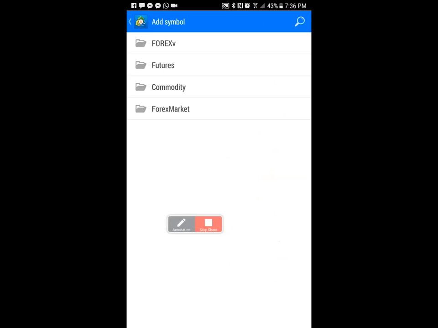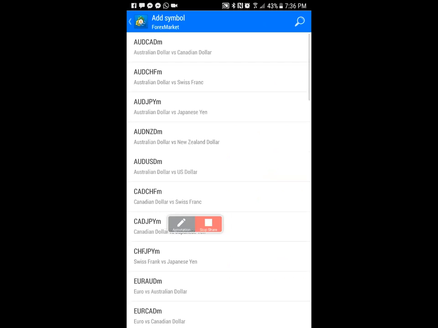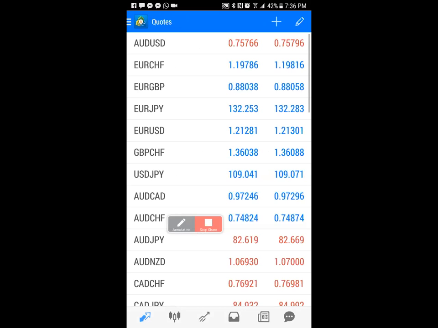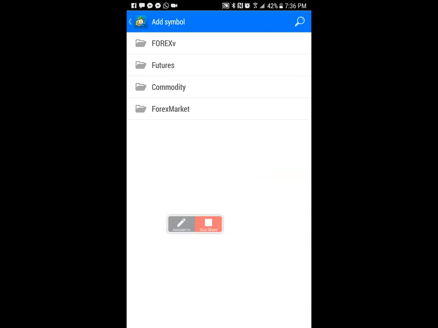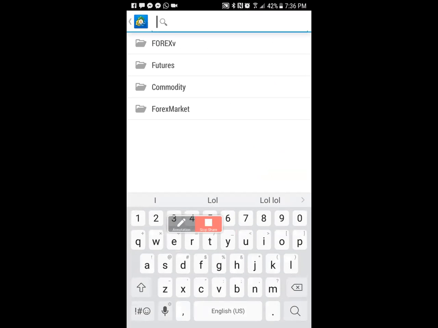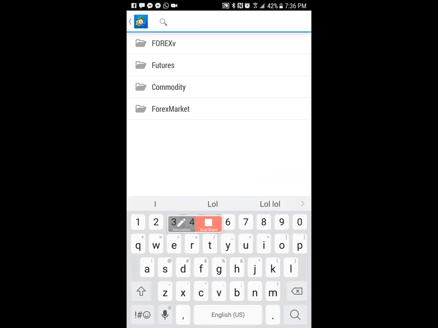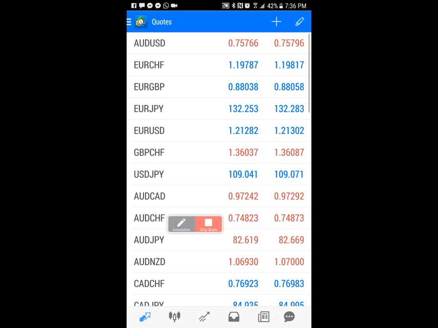Most phones you would see ECN. For me, it would have shown Forex Market, and all you do is tap on them. As you tap on them, it loads them up. So let's just say you were trying to get in a trade and you didn't have the pair. You would press the plus sign, press search, and just type in the pair. That make sense? All right. Any other questions?